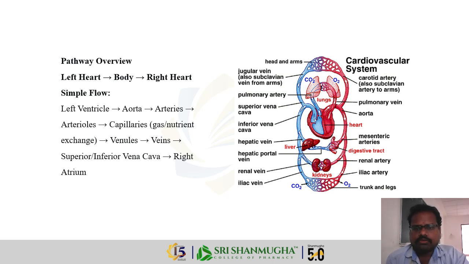This is how the pure blood from the left ventricle travels into the body, then the deoxygenated blood comes back to the right atrium. This diagram illustrates the complete pathway, where it travels to each and every body part.